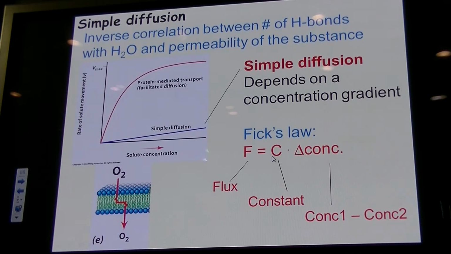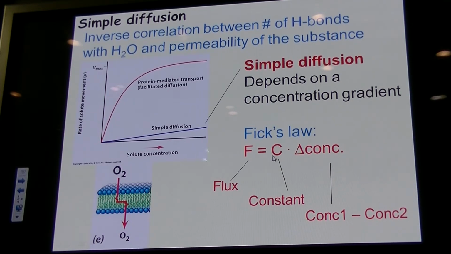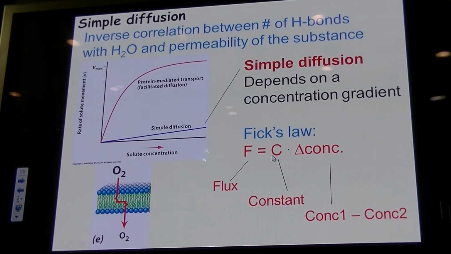What affects the constant? Things move more easily through a membrane if they make less hydrogen bonds with water. So molecules that make a lot of hydrogen bonds with water transport really poorly across membranes. Think about glucose. There are 6 oxygens in there. All those oxygens want to be hydrogen bonded with water. There's no way by which glucose will diffuse.